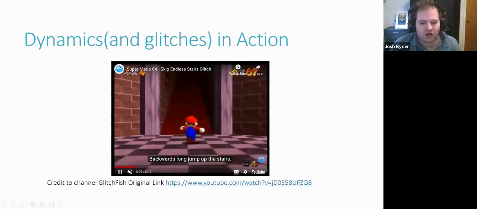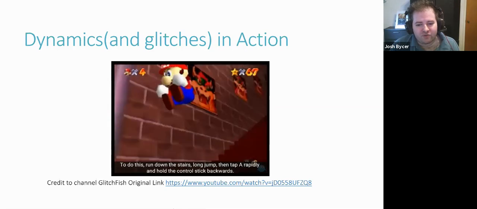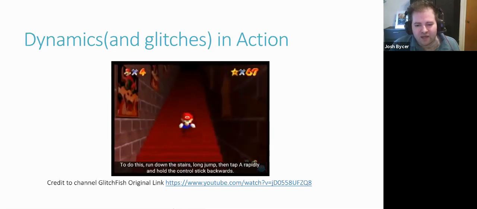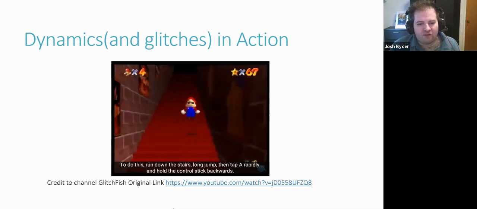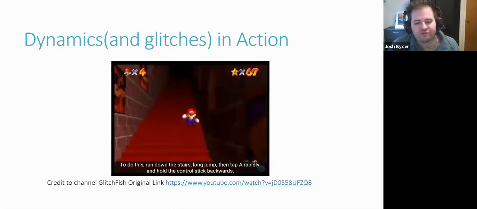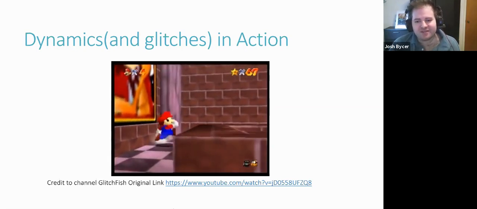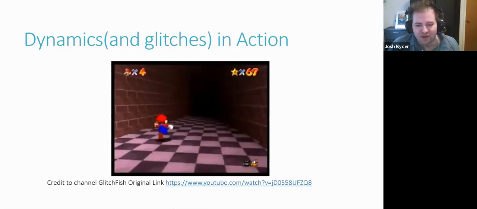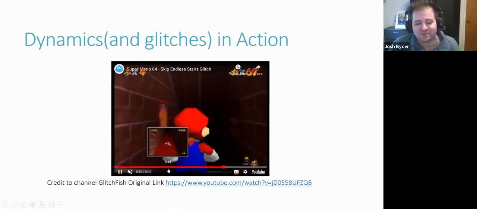So this is footage of a glitch that was found while speedrunning Super Mario 64. The dynamic is, of course, that Mario can do this kind of run dash jump, and what the community found is that Mario retains that speed. And by setting up properly, they were able to basically skip almost 50 to 60% of the game.